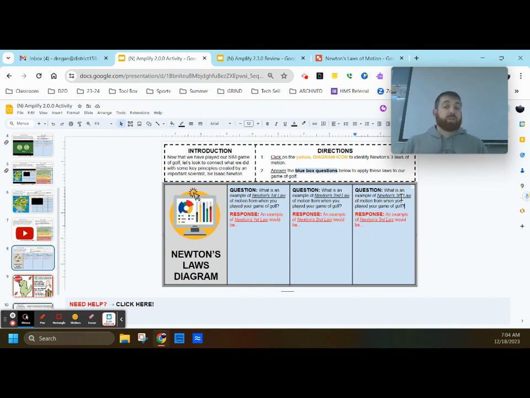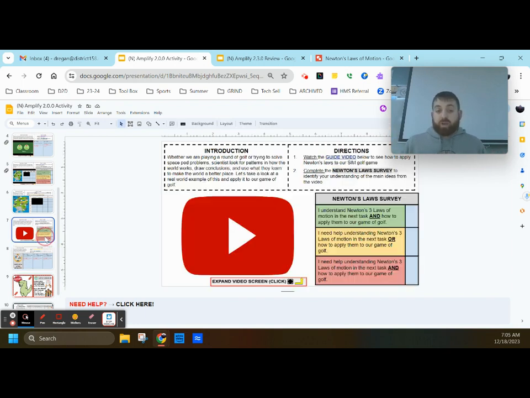Now remember, just because we don't use Newton's laws in our classroom doesn't mean that the key concepts that we came up with aren't examples or bits and pieces from Newton's laws. So your job is now to act as a real scientist using real principles and connecting them to the real world.